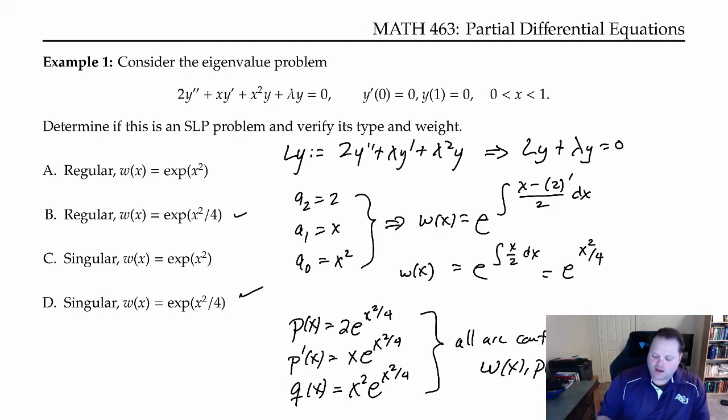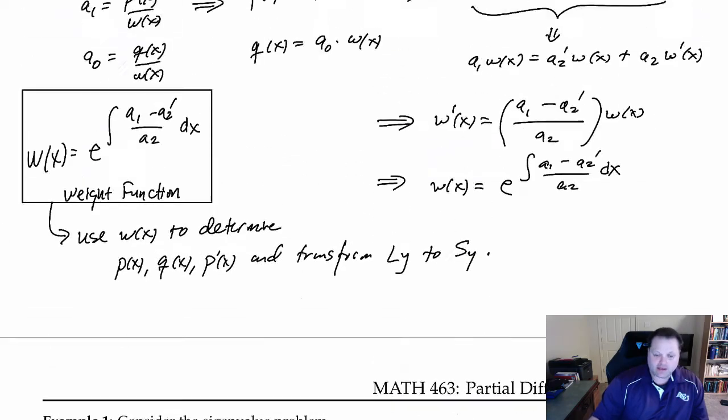And then we need our boundary conditions to be symmetric and solvable, and these are standard boundary conditions for us, so they check out as well. So this is a regular SLP as long as something doesn't go wrong with the singularity conditions. So the singularity conditions ask us, okay, are any of these 0 at endpoints, right? And it's not any of them.